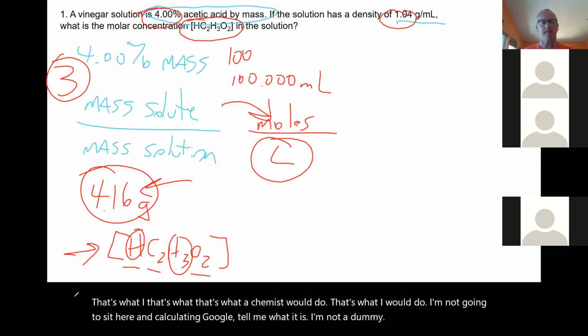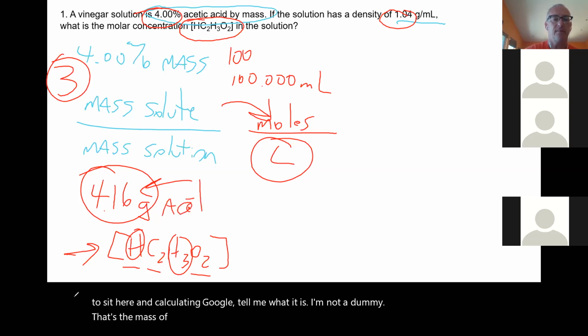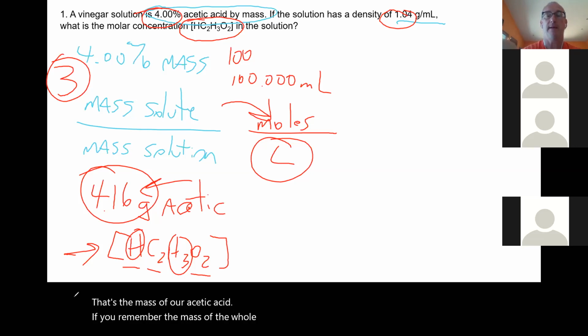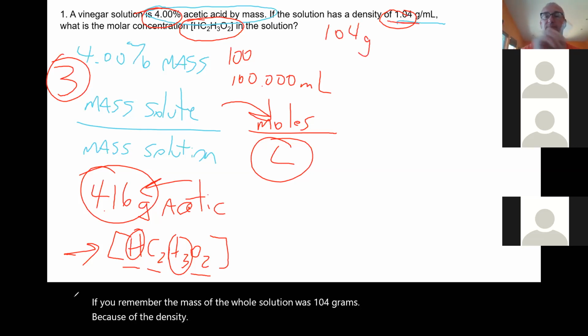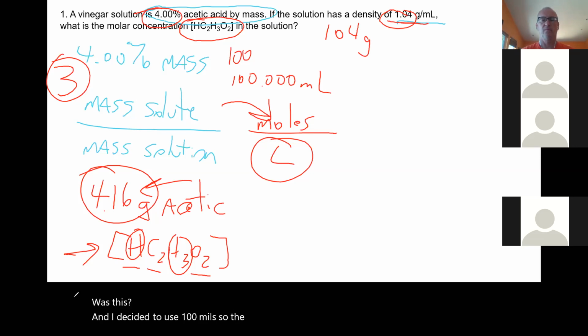Professor, just a quick question. 416 is the mass of the solution. That's the mass of our acetic acid. If you remember, the mass of the whole solution was 104 grams, because of the density, and I decided to use 100 mils. So the total solution is 104.